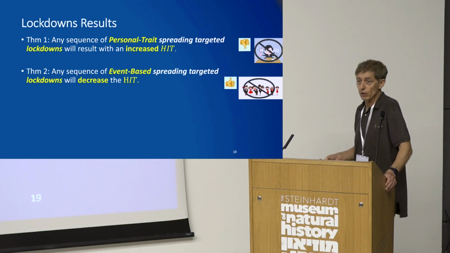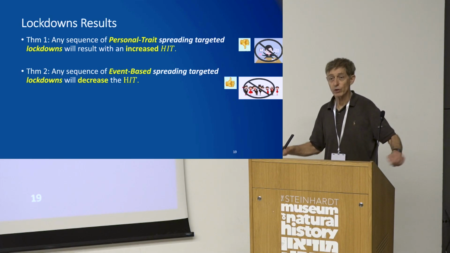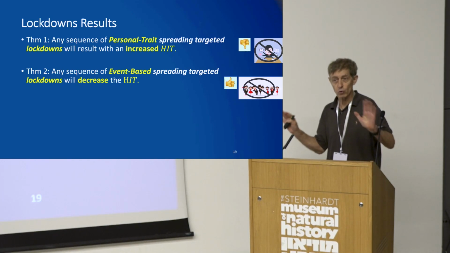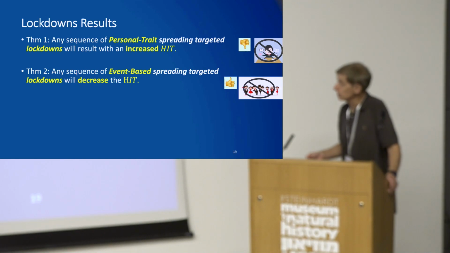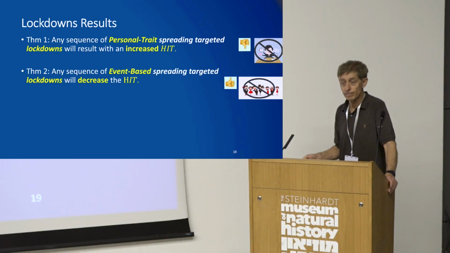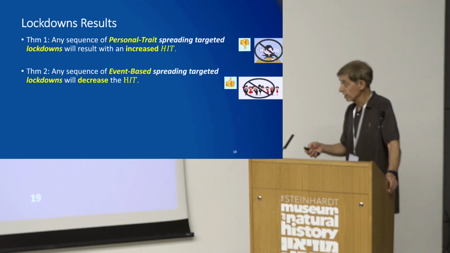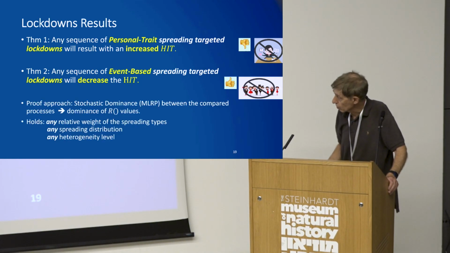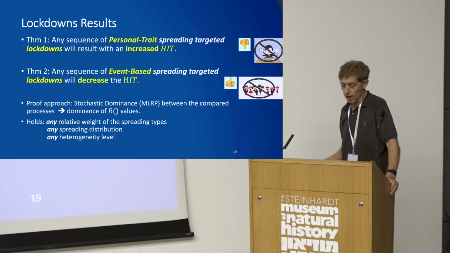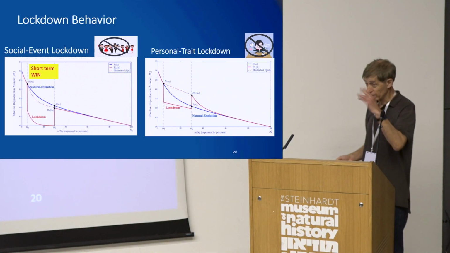It's not so good. Nonetheless, if you put lockdowns on weddings, you will decrease the HAT. So the two things work in opposite directions. I will not talk about the proof, I just want to demonstrate how it works.